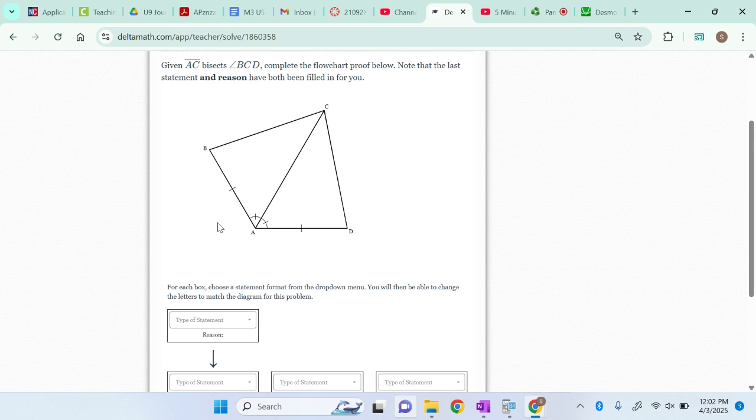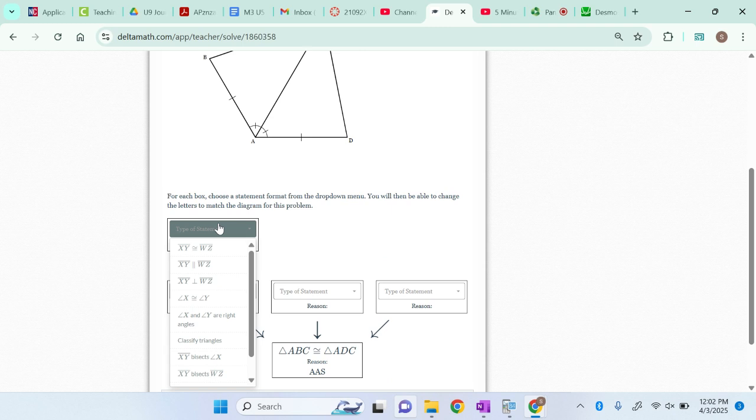So where we start is always our given. So what's our statement right here? Just tell me, what would our statement be? Don't look at the drop down. What would our statement be about this given?